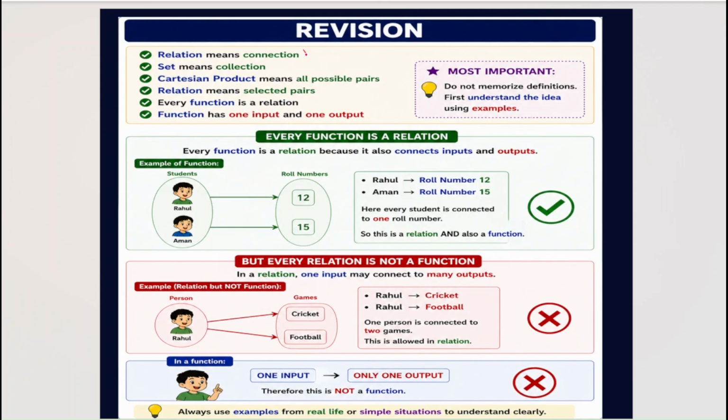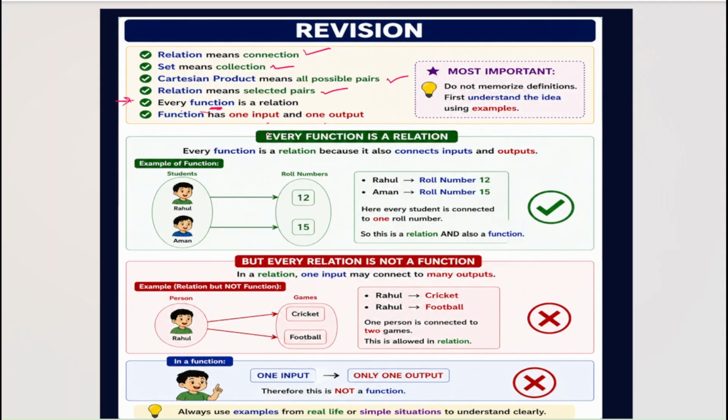So that is a quick revision of what we discussed. Relations mean connection, right? That means collection. Cartesian product means all possible pairs, right? Relations mean selected pairs, right? Every function is a relation. Very important term for MCQs. Every function is a relation, because a function has one input and one output.